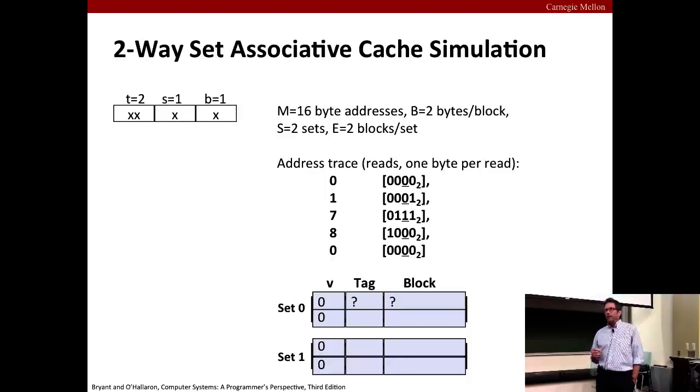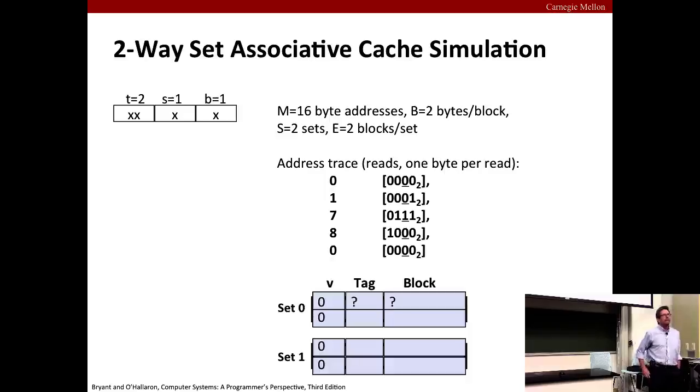So you just keep track of that. I'm not showing it, but there need to be additional bits in the line to keep something like virtual timestamps. That's the general way you do it: try to keep the blocks that are being accessed the most frequently and the most recently.